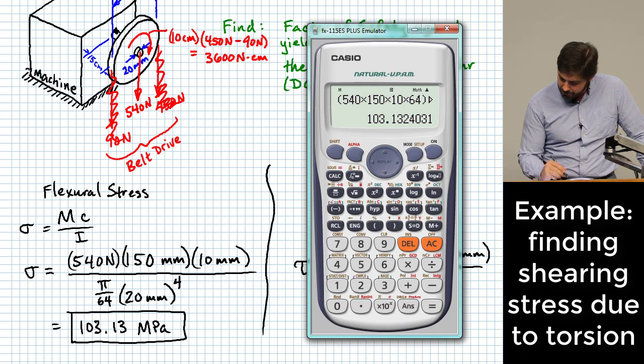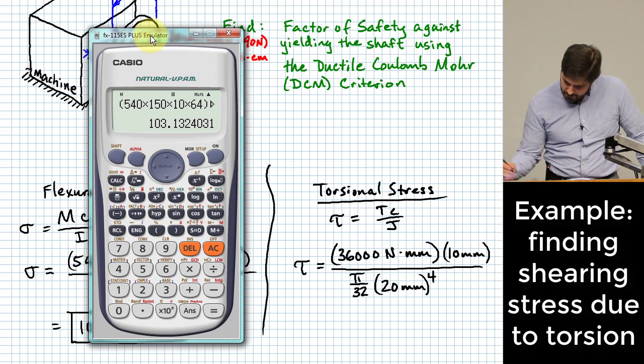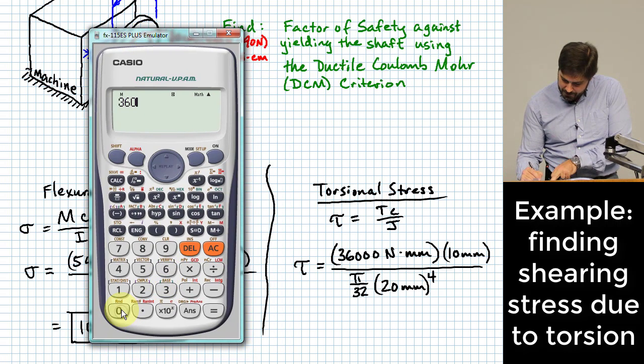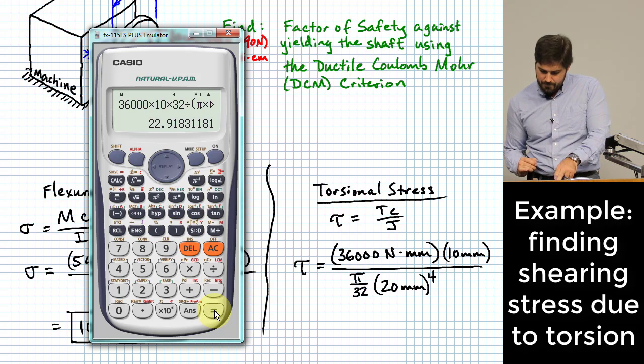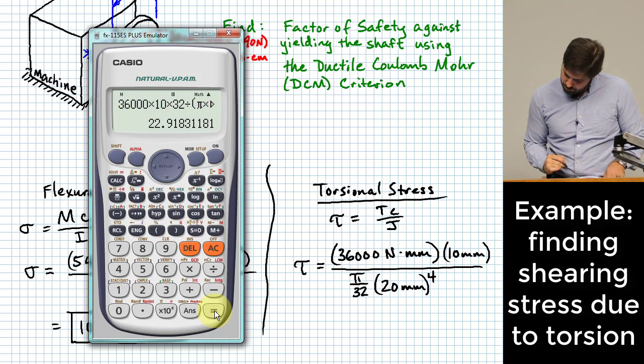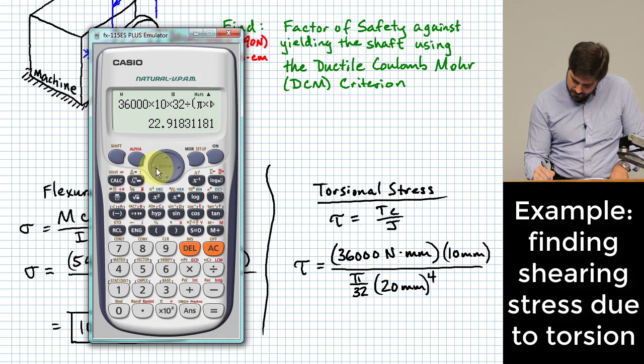So I'll punch all of those items in. 36,000 times 10 times 32 divided by pi times 20 to the fourth. Let me make sure I didn't make any errors there.